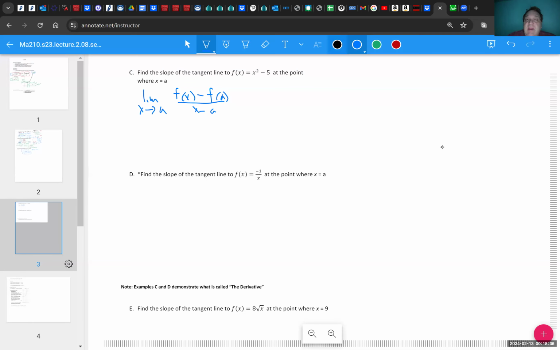And we have our table of values. Our objective value is a, and our second point is x. Our equation is x squared minus 5. So when I plug in a, I get a squared minus 5. When I plug in x, I get x squared minus 5. I'm just going to put those into the formula.